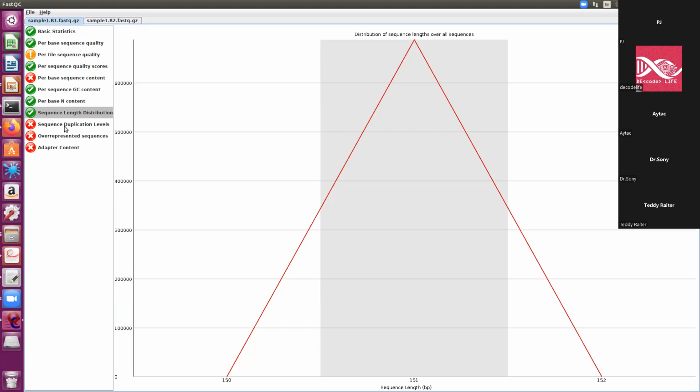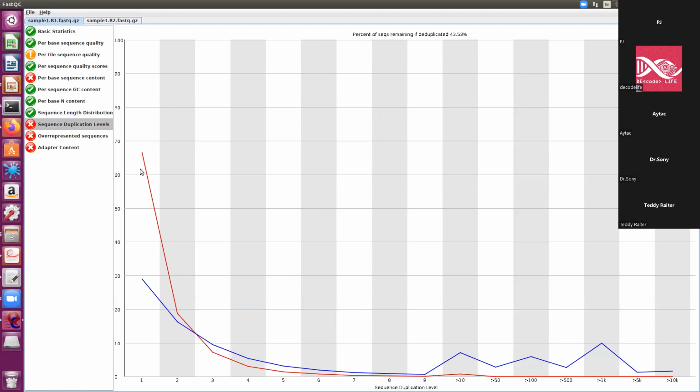Then comes the sequence duplication level. Basically, what happens is that during the sequencing run, when the PCR reaction takes place, there are sometimes very high duplications of sequences, and there are deduplicated sequences here. If you see the level, this is the total percent of sequence. Compared to the total sequence, the deduplicated sequence, which is marked by the red line, is very less.